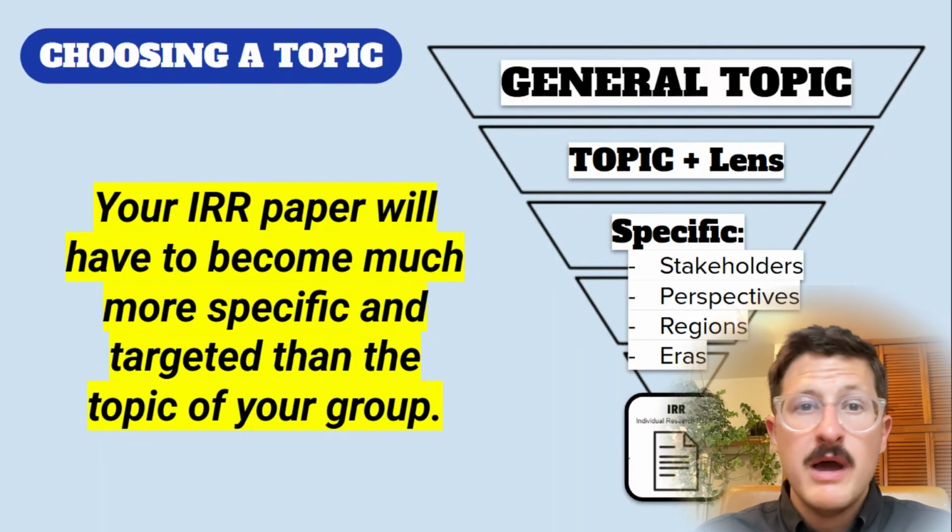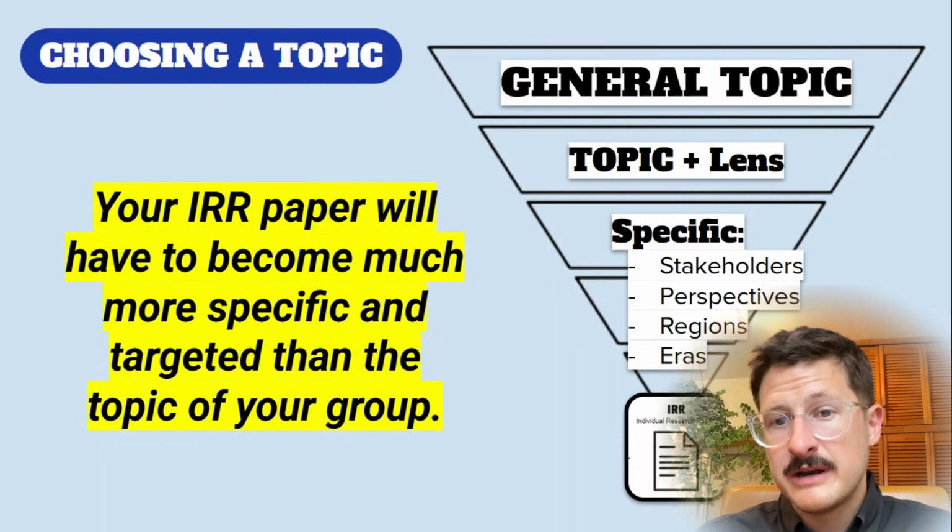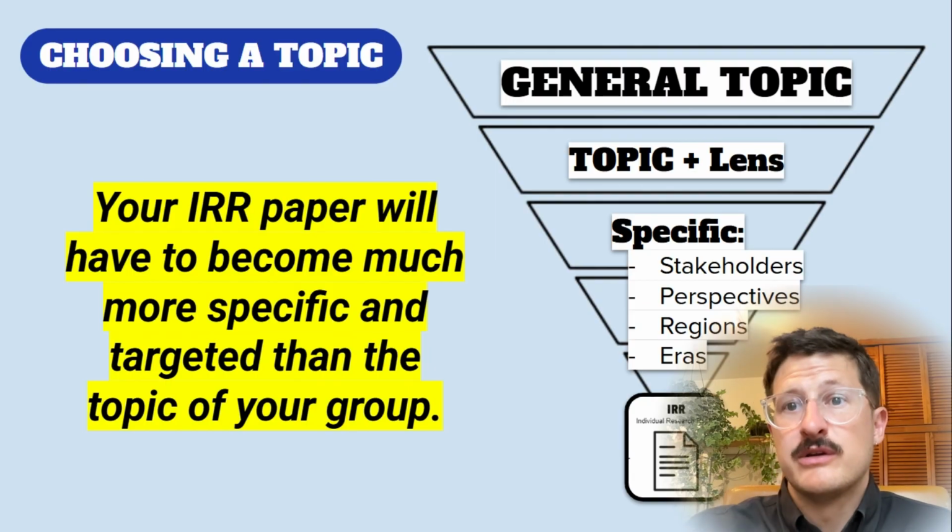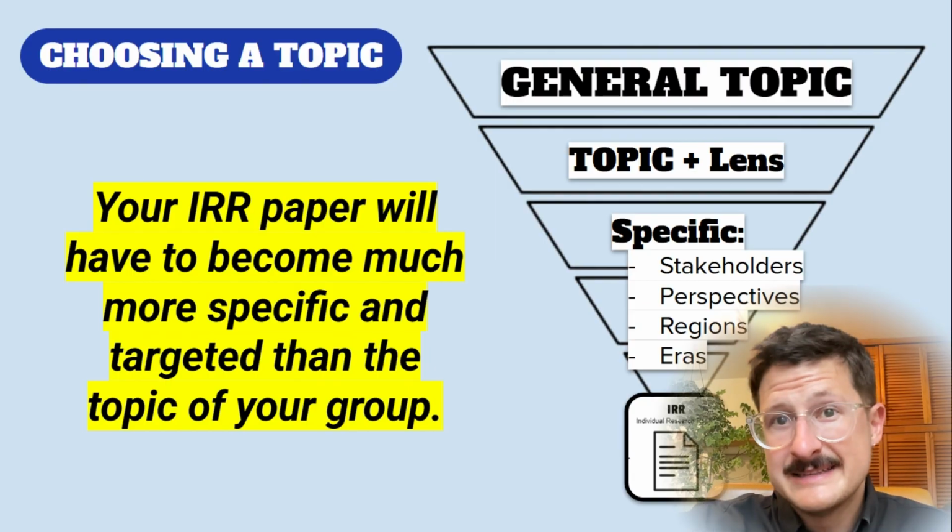Well, that actually is still fairly broad. Are we talking about immigration to Europe? Are we talking about immigration in the US? There's still ways we need to narrow and get more specific, even if we have our lens or discipline selected. So your IRR paper will have to become much more specific and targeted than the topic that your group is exploring, or even just the lens that you've selected. That's ultimately what is going to go into your IRR.